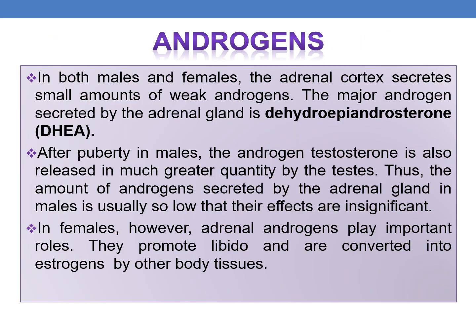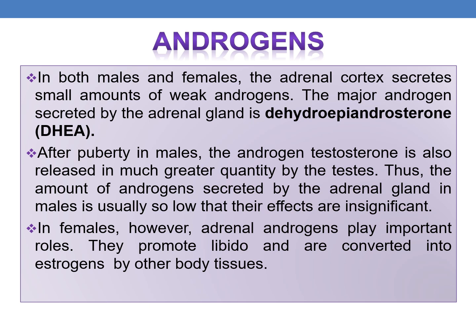Coming to androgens, in both males and females, the adrenal cortex secretes small amounts of weak androgens. The major androgen secreted by the adrenal gland is dehydroepiandrosterone, DHEA. After puberty in males, the androgen testosterone is also released in much greater quantity by the testes. Thus, the amount of androgen secreted by the adrenal gland in males is usually so low that its effects are insignificant.